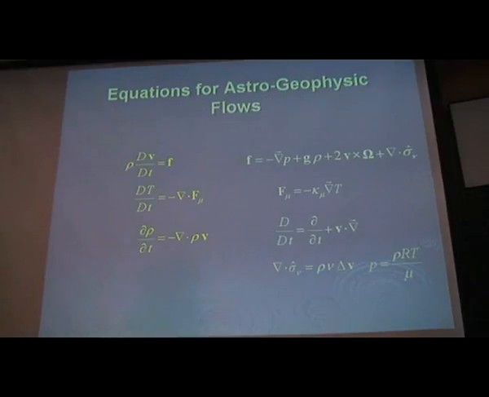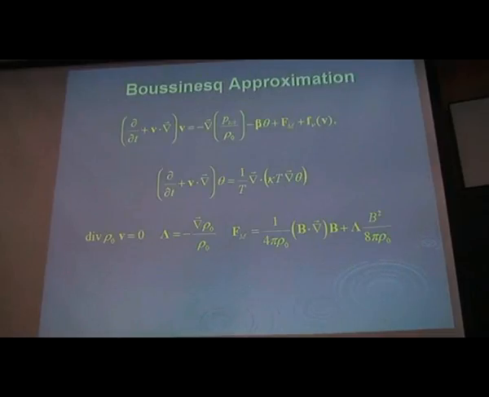If we do it, we get the so-called Boussinesq approximation, where we replace the terms with pressure and with gravity force by a buoyancy term, which is proportional to the so-called potential or superadiabatic temperature. And in this situation, the equation is much more simple.